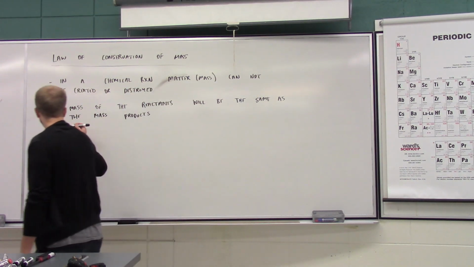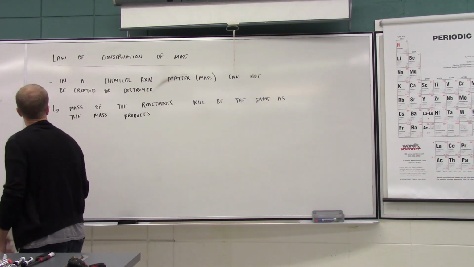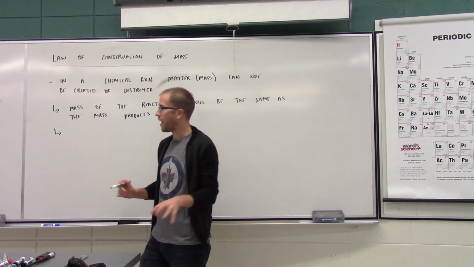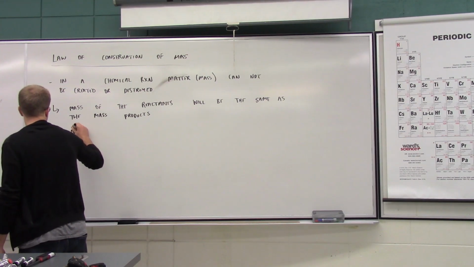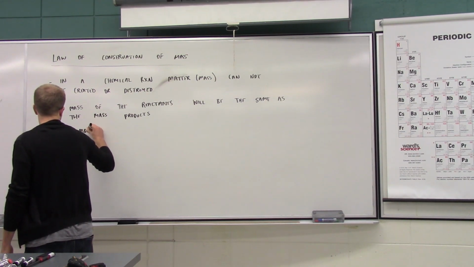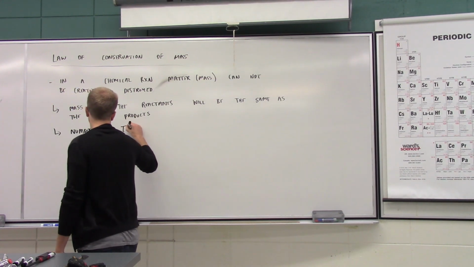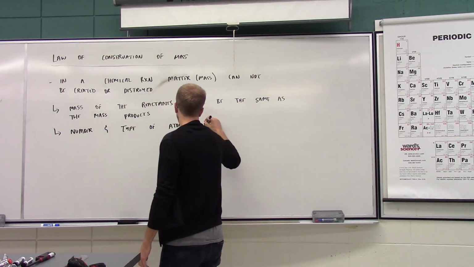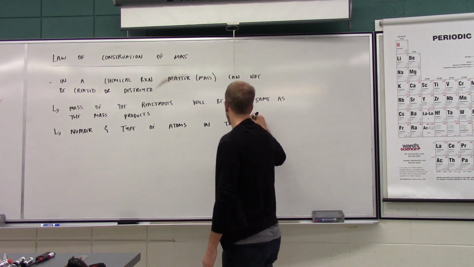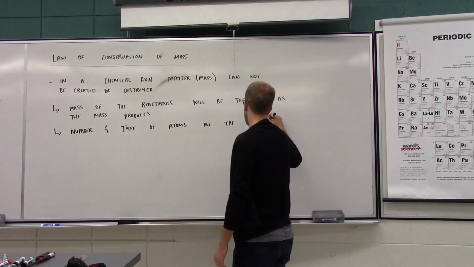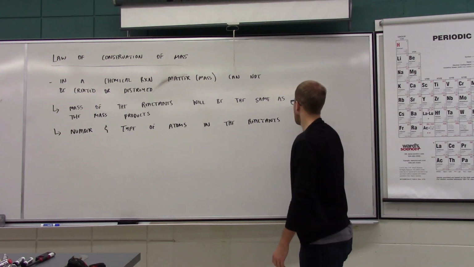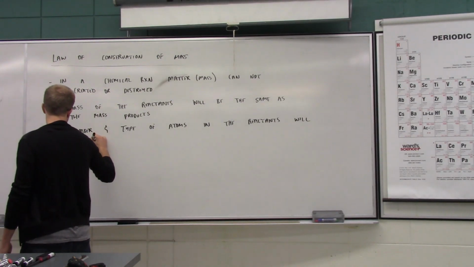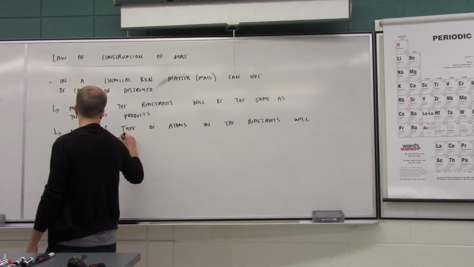So for our purposes, the main way we are going to look at the law of conservation of mass is that the number and type of atoms in the reactants will be the same as the products.